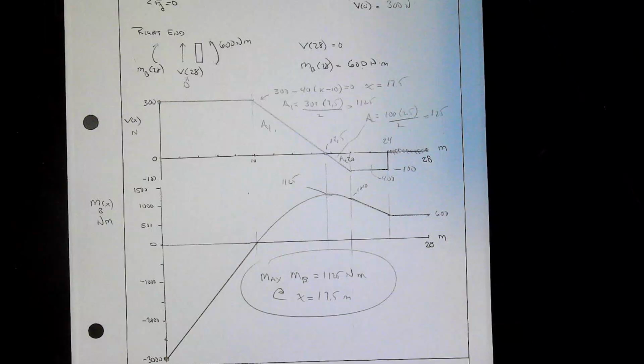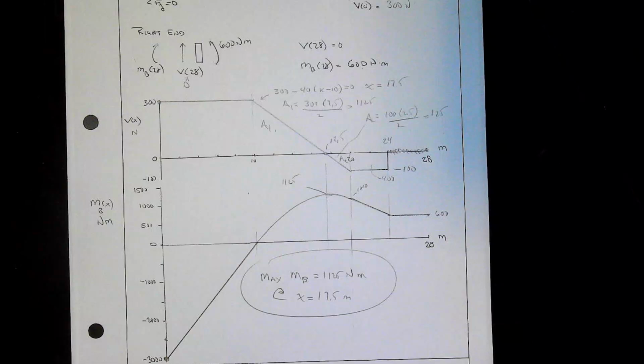All right, so we're ready to start tackling the graph chart for this thing. And I've drawn a few construction lines in already. So if we look at this thing here, first of all, we said the initial shear is 300.